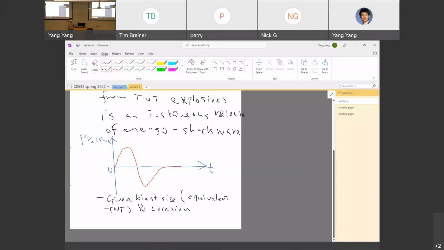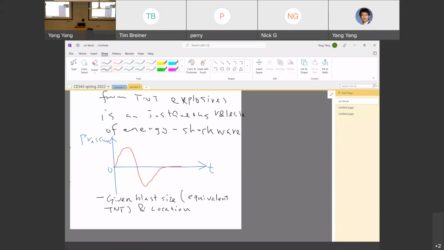For example, the owner of the oil plant needs to give you the distance from the potential explosion. So you will have a side view of the oil plant, so that you can refer to the ASCE blast load standard to calculate the blast load there.